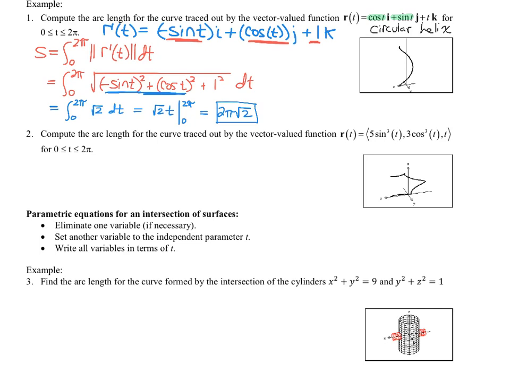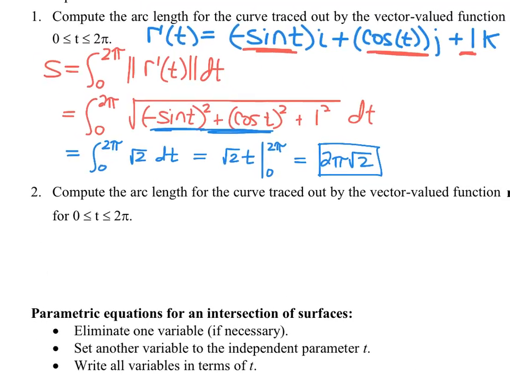Had I done that in the calculator, just typed it in as I saw it, then the difficulty level between 1 and 2 is exactly the same. Regardless of the fact that we're looking at sine cubed and cosine cubed instead of just cosine and sine, it would not make a difference whatsoever.